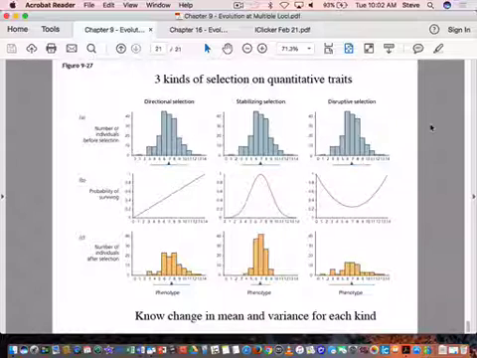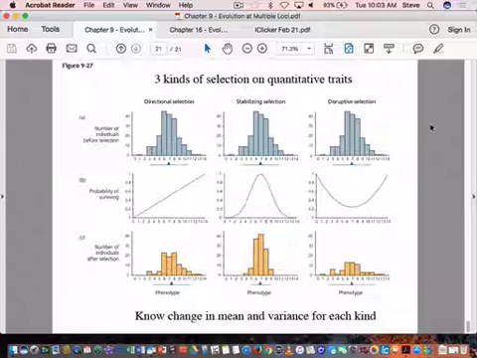So this is what we call directional selection. Why do we call it that? Which individuals have the highest fitness and which ones have the lowest fitness? Well, does the average have the highest? The average value of the trait is around 7. Yep.